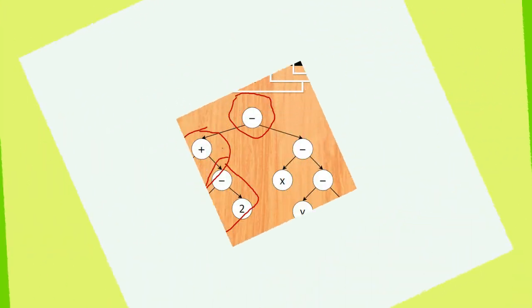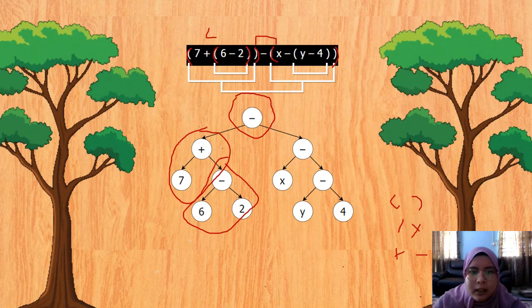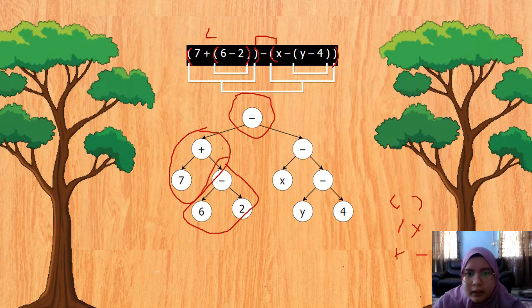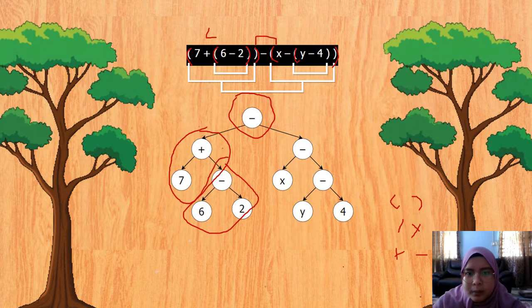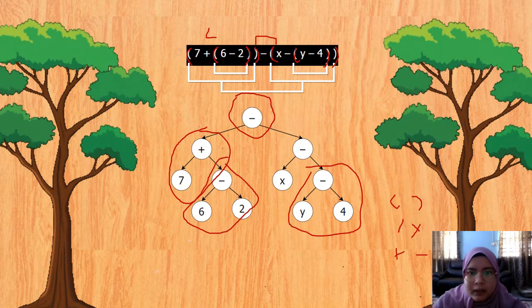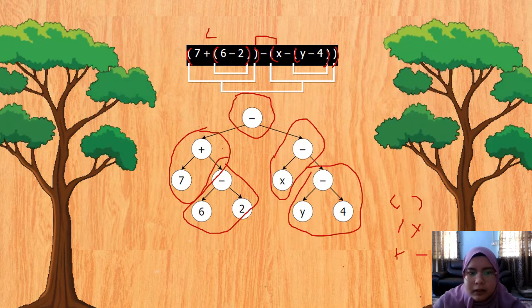So we look at the other side, which is x minus y minus 4. We look again at the bracket, which is y minus 4. So it becomes like this, y minus 4, and the other x minus becomes like this.